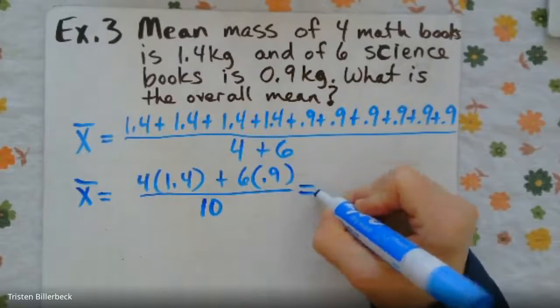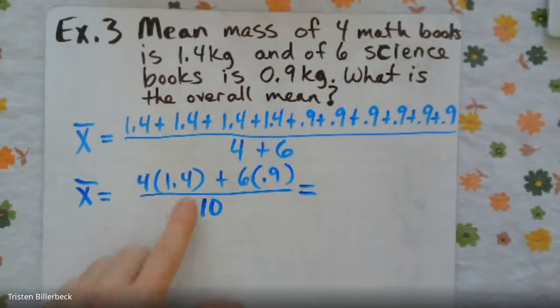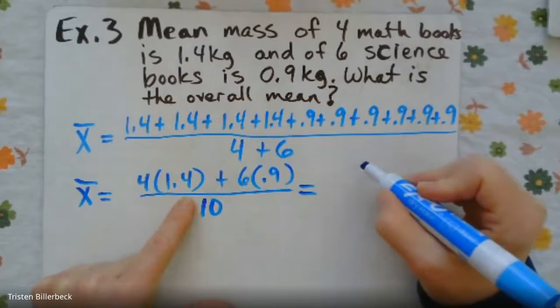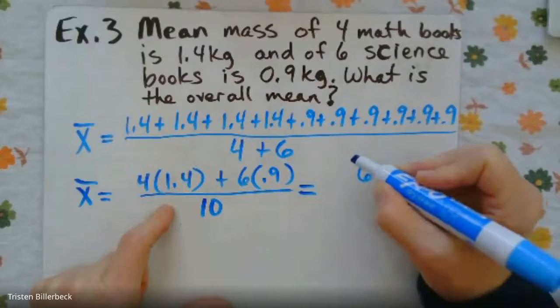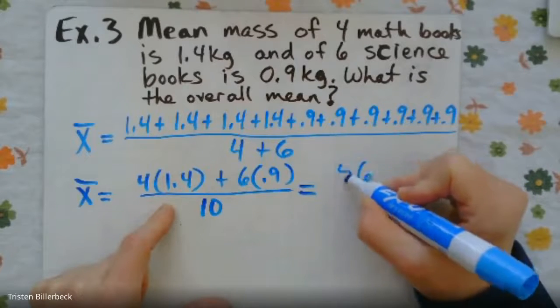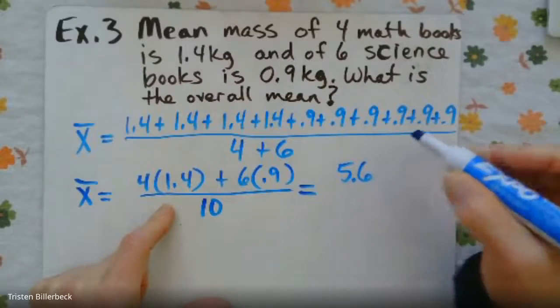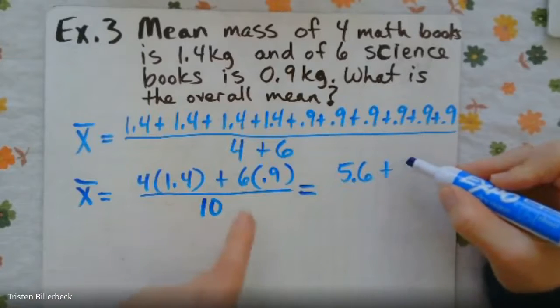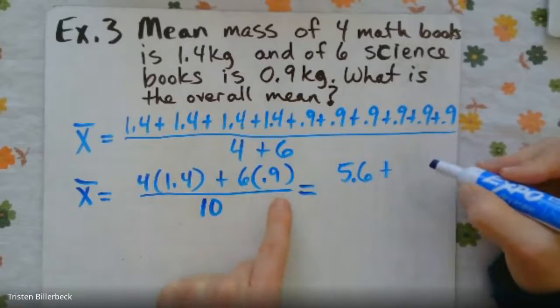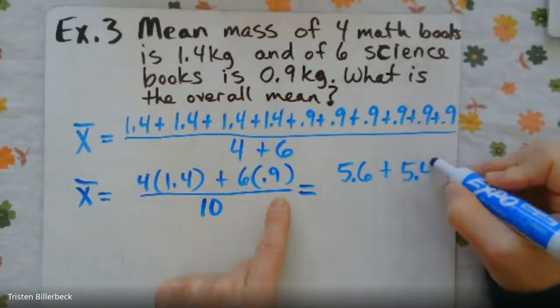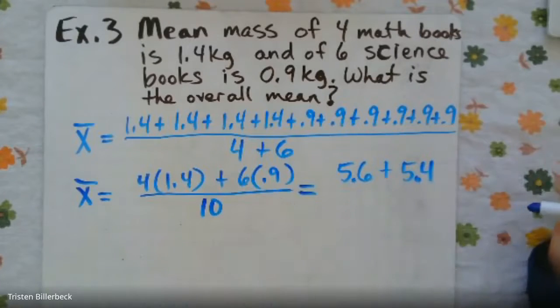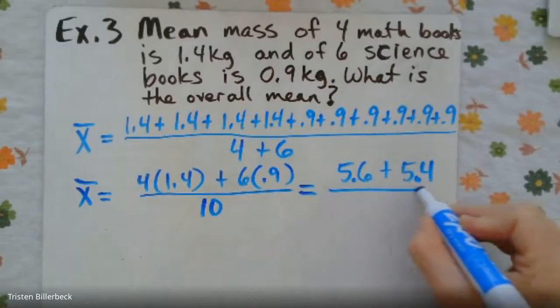Okay, so let's do 4 times this to make it easy. 4 times 4 is 16. Carry a 1. 4 times 1 is 4, plus 1 is 5, so 56, and then we have a decimal here. 6 times 0.9 is 54, so we put a decimal right there. And that's over 10.